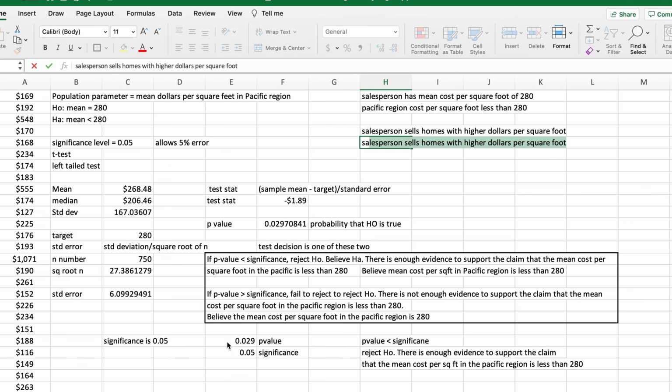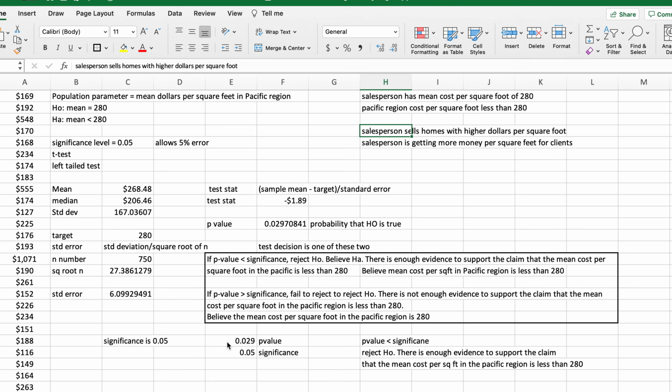Okay, so our salesperson is getting more money per square foot for his or her clients. Okay, when you're selling a house, you want to get it for the most dollars per square foot.